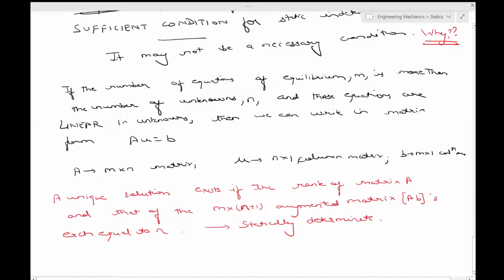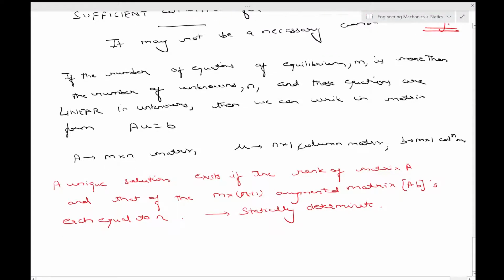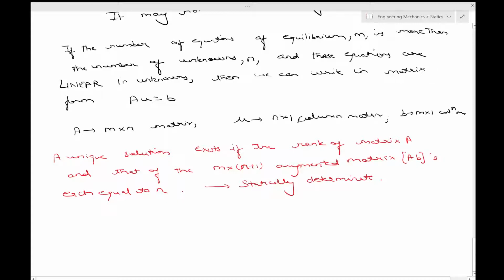This is coming from your linear algebra, and you should be aware of it one way or the other by the end of your first year.